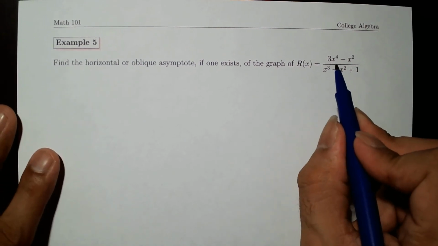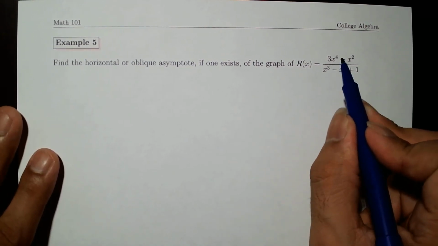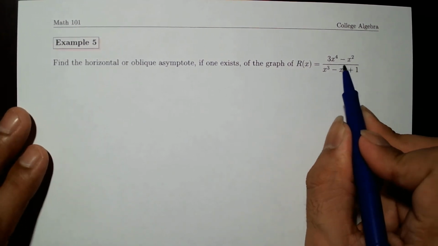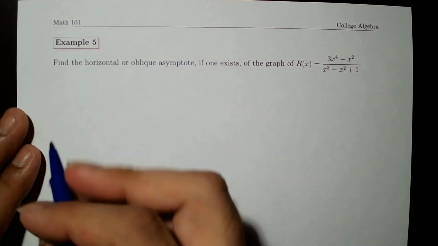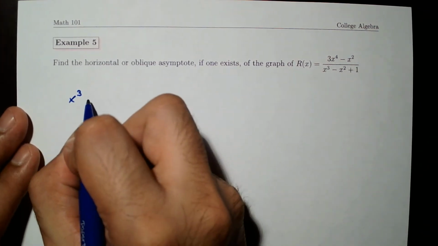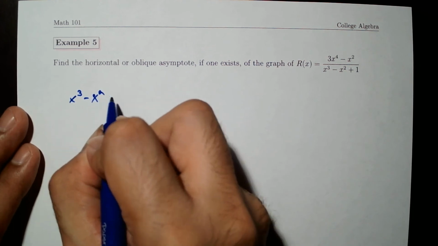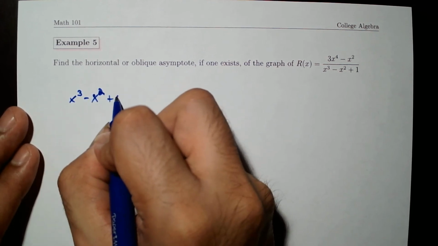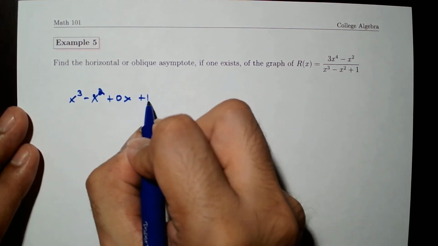So I'm gonna write this in division form. And again, keep in mind to put placeholders. So x cubed minus x squared plus 0x plus 1.